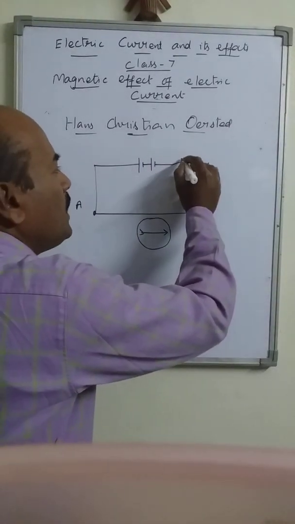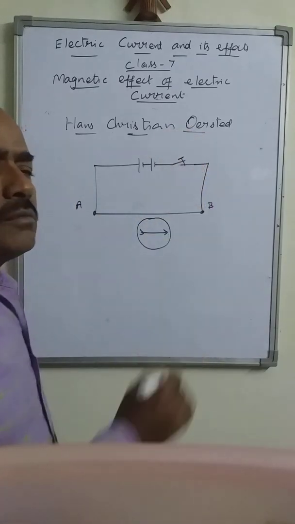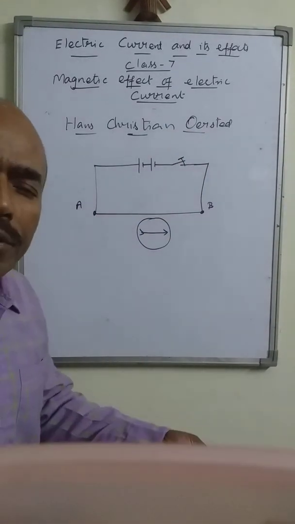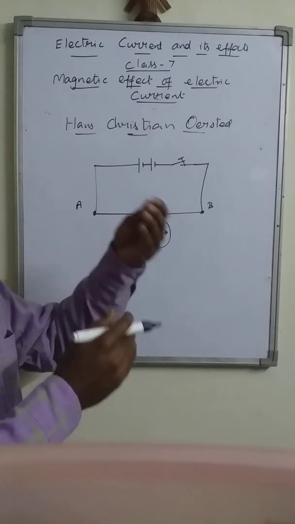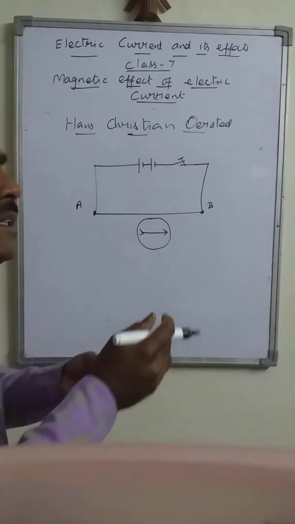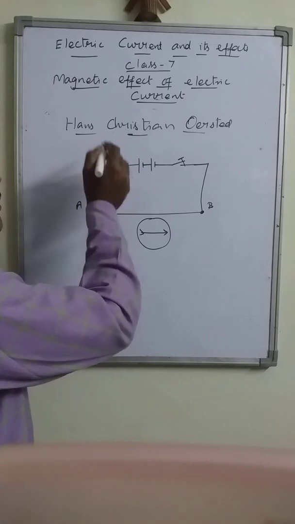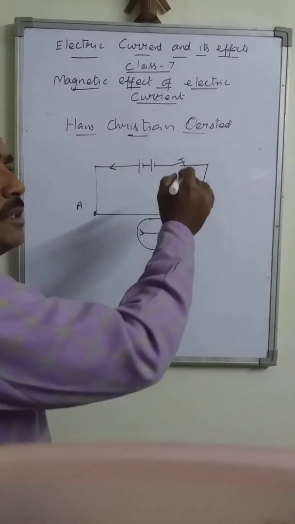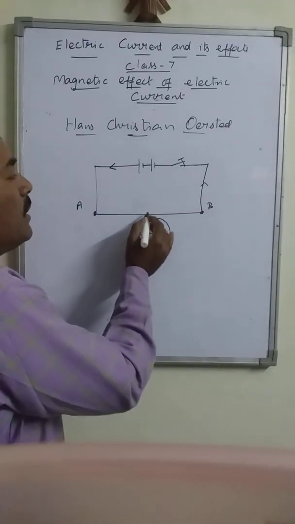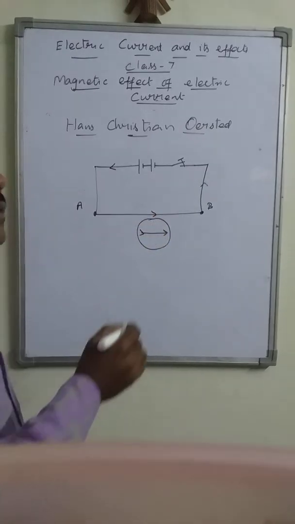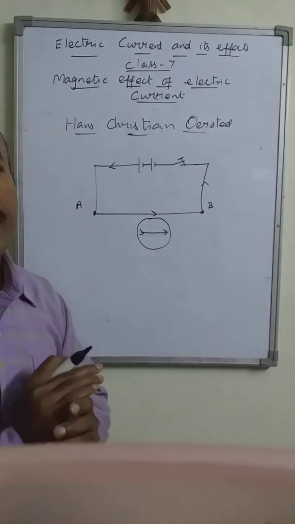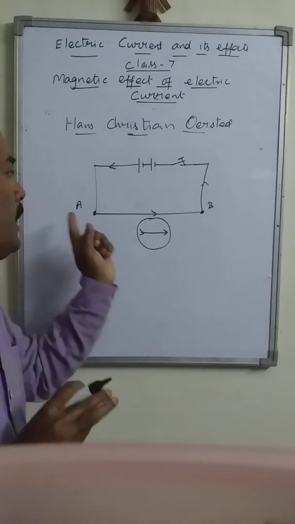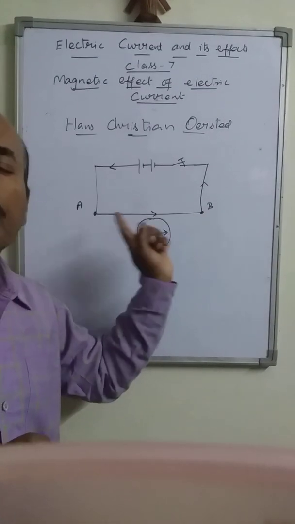As soon as we close the switch, the electric current flows through it. The direction of electric current is from positive to negative. So along the wire, the current is flowing from A to B. We have already discussed that in this chapter.